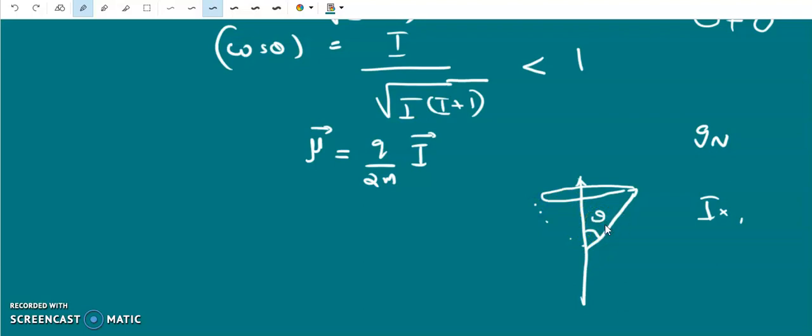So only Iz is quantized. The precession of this angular momentum vector around the field direction is called the Larmor precession. The frequency with which the Larmor precession takes place is called the Larmor frequency.